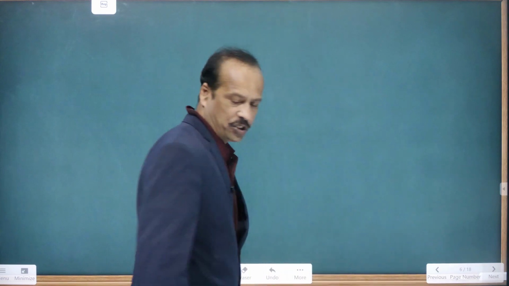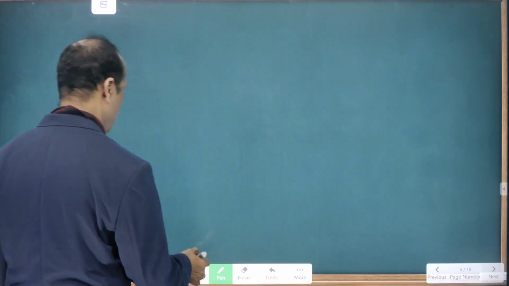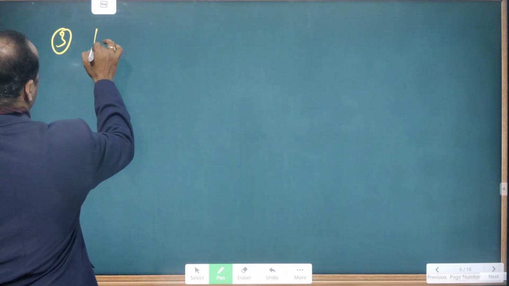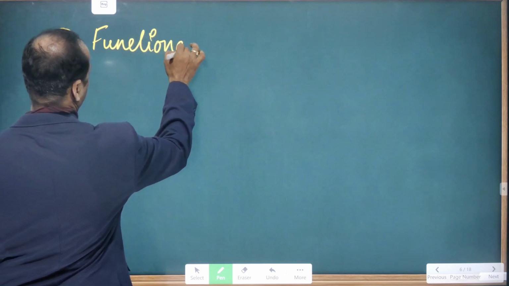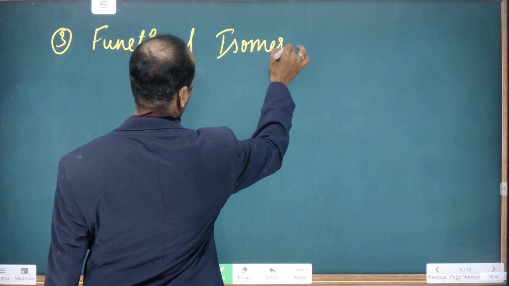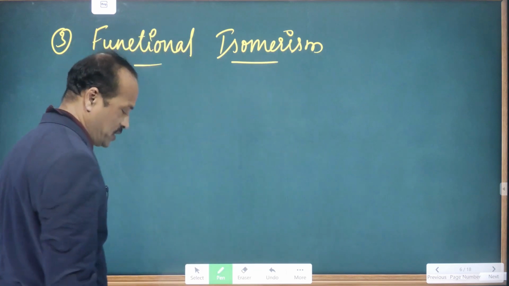So after position isomerism, we go to functional isomerism. Okay, the third one is functional isomerism. What is meant by functional isomerism?